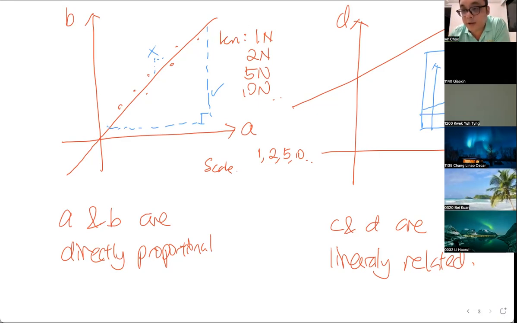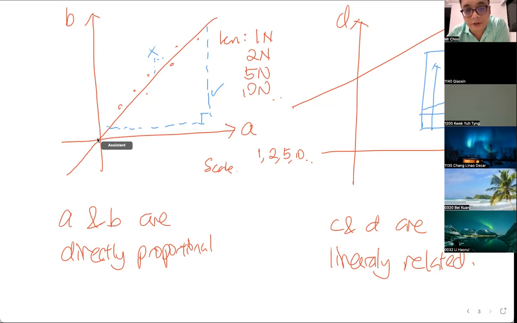I have a question here. By Hao Rui, must the graph start from 0? No need. But if you want to see whether it is directly proportional, then you should start from 0 on both axes. Because if you don't start from 0, you can't tell whether it cuts through 0. So you must look at your data points. Is it very, very far from 0?